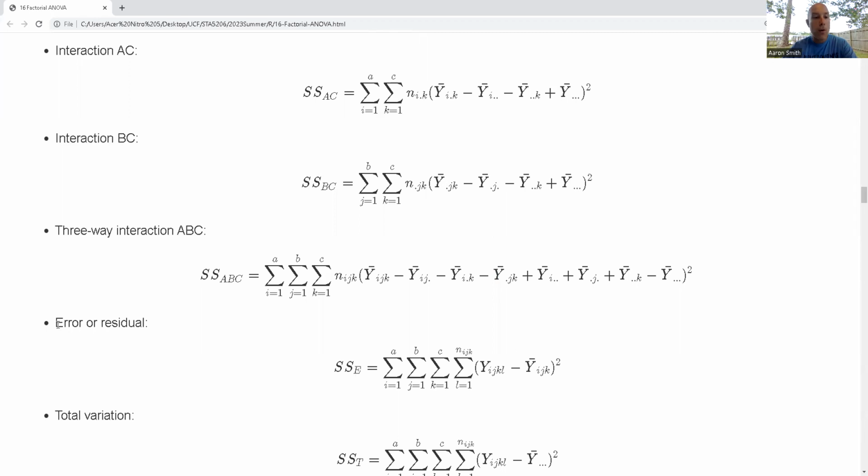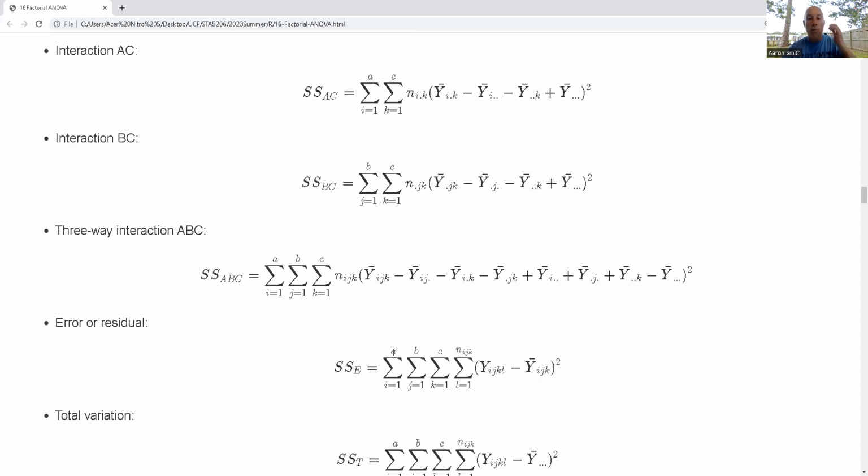Now here is the error, or the residuals. I take each individual observation and subtract off the sample average for its level across all three variables, A, B, and C. So I take an observation, look at its levels of A, B, and C, take the average for all records with that particular combination, do the subtraction, square it, and add all of them up.